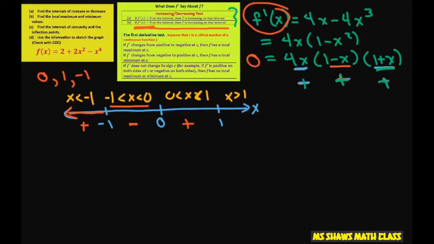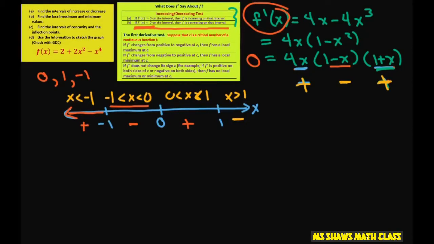And then finally, the last one, let's plug in 2 for x greater than 1. If I plug in 2, I get a positive. If I plug in 2 here, I get a negative, and then I get my positive again. So we have an odd number of negatives. That means it's negative, so it's decreasing on that interval.